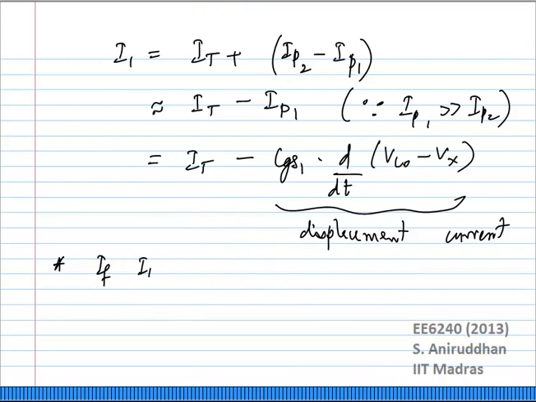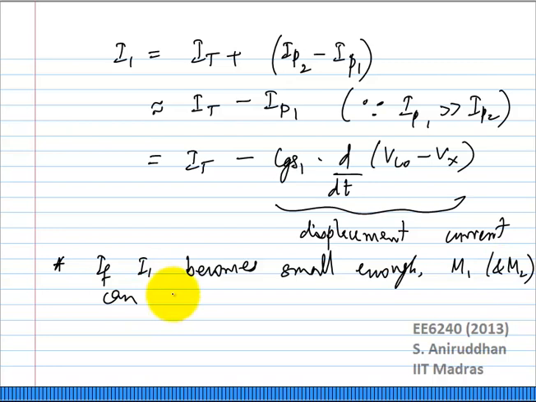So if I1, M1, and M2 on the other half cycle, may leave saturation. Obviously, this will lead to nonlinearity.